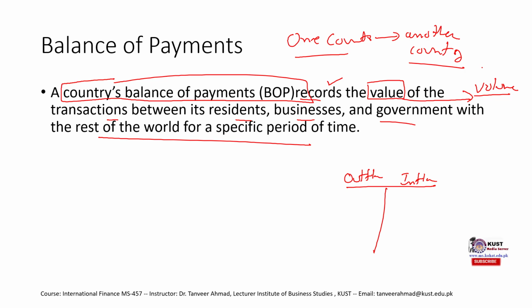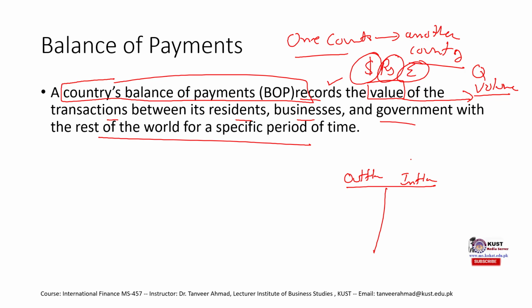We would not record the quantity or volume, but rather we would record the value. So it would be in terms of currency, right? Either in terms of dollars, rupees, or any other currency, but it would be in terms of value of the transaction between a country's residents, business, and government with the rest of the world.